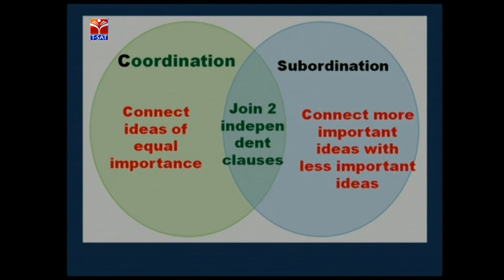Hence, you observe here, coordination and subordination. In coordination, we connect ideas of equal importance. In subordination, we connect more important ideas with less important ideas. In these two types, we join two independent clauses.